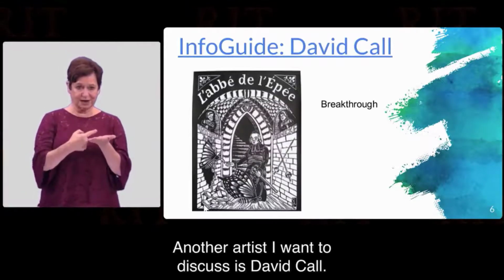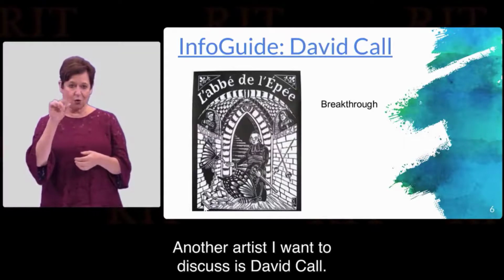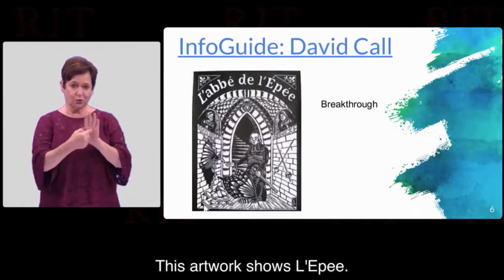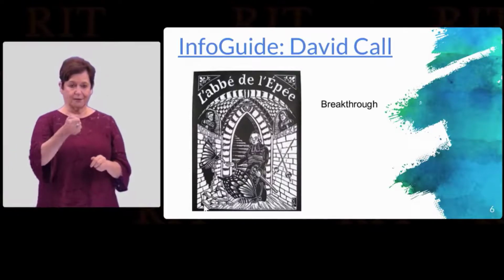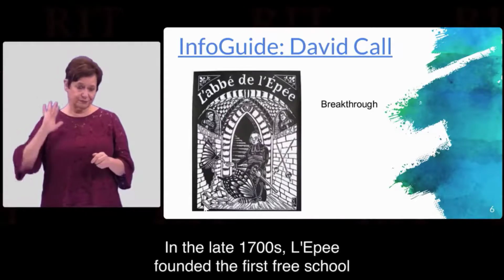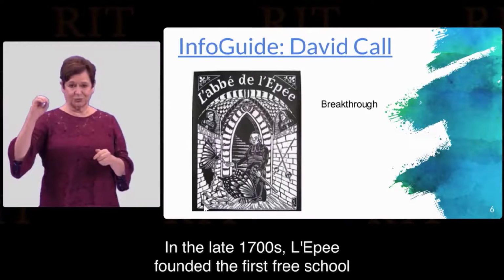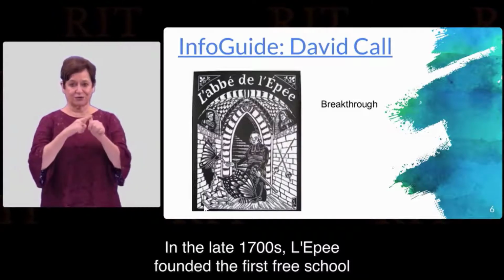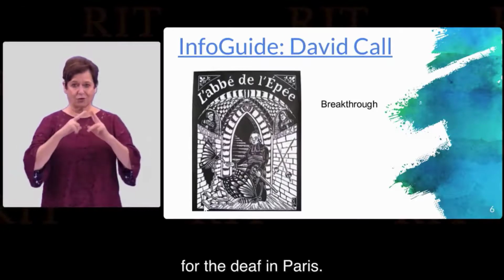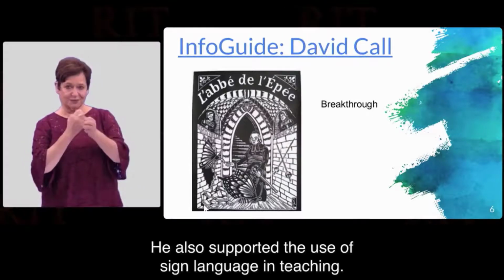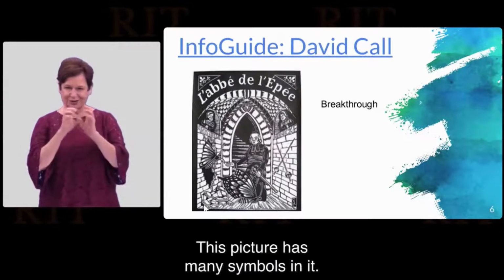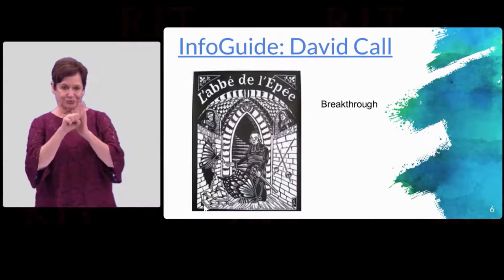Another artist I want to discuss is David Call. This artwork shows LePay. In the late 1700s, LePay founded the first free school for the deaf in Paris. He also supported the use of sign language in teaching. This picture has many symbols in it.